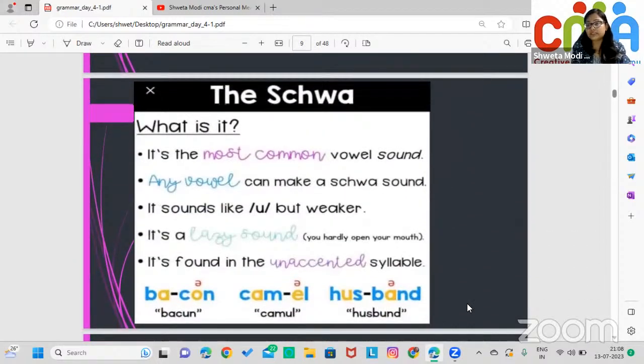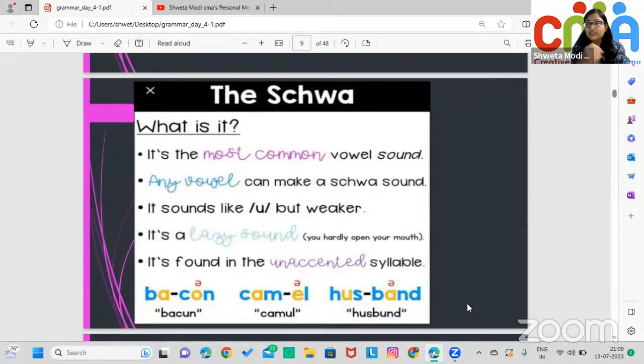Schwa is the most common vowel sound, and it can be any vowel: A, E, I, O, U. It is just like the sound of the letter U, but that is a strong sound, while this one is weaker, lazy, unstressed. You hardly open your mouth.